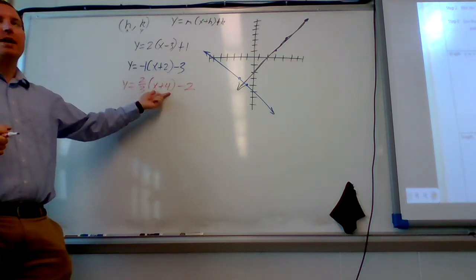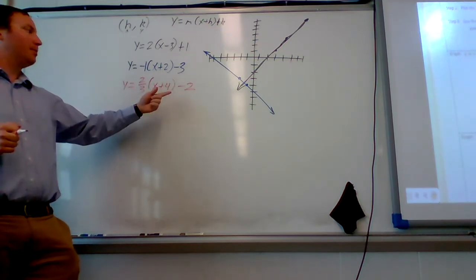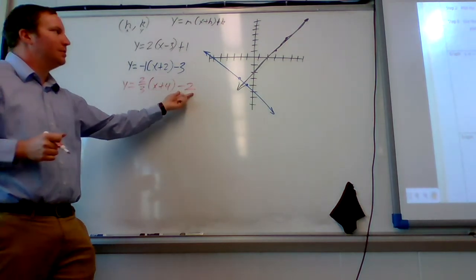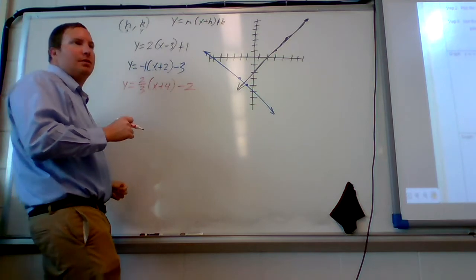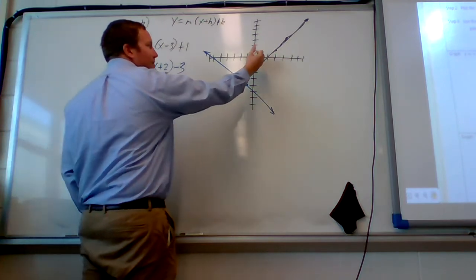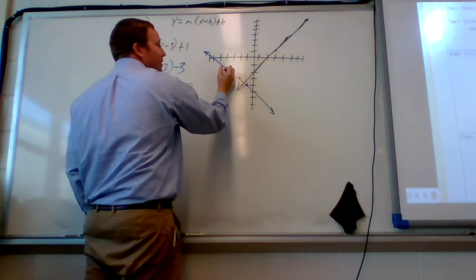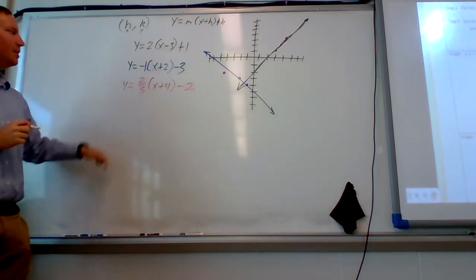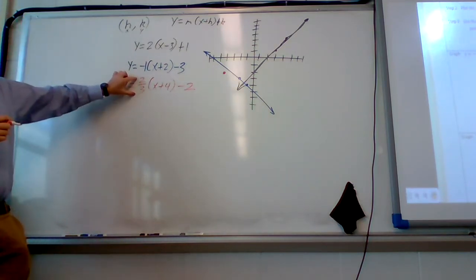Is it 4 or negative 4? Negative 4, right? It's the opposite of what's on the inside of the parentheses. What's our y value? Negative 2. So we have negative 4, negative 2. So negative 4 on the x, down 2 on the y. There's our starting value.